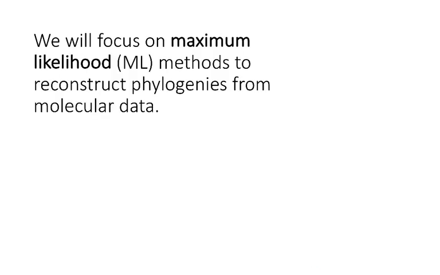And there are several different methods to build these types of trees. We specifically are going to focus on methods called maximum likelihood, often abbreviated as ML, to reconstruct these phylogenies from molecular data.